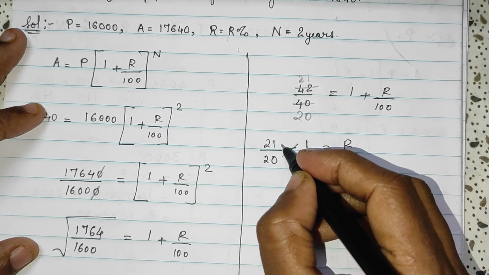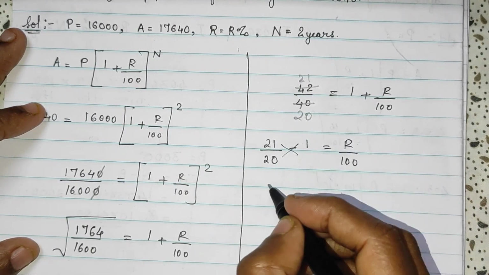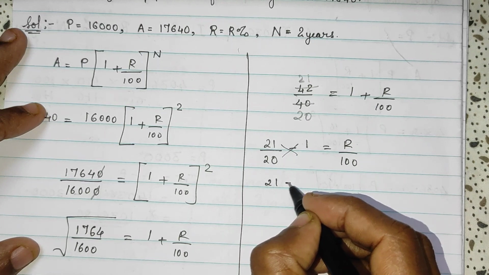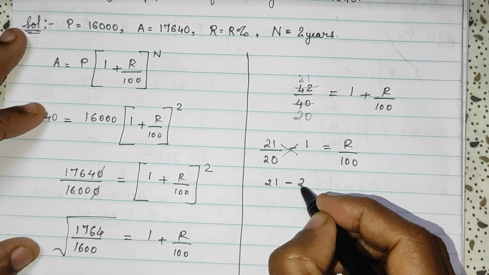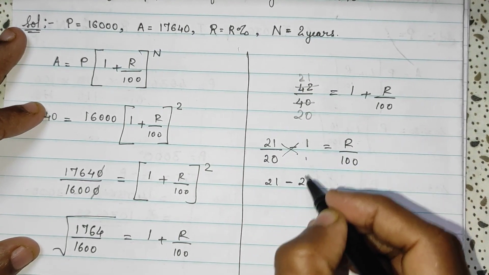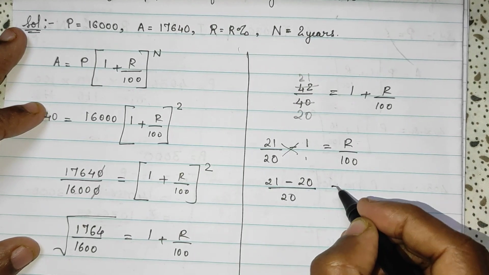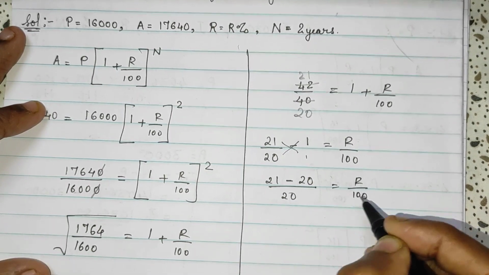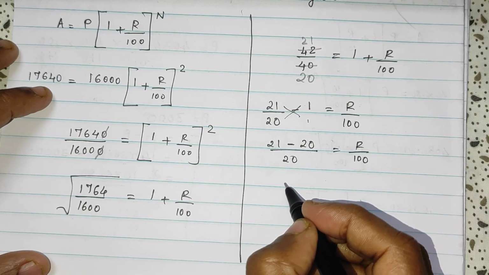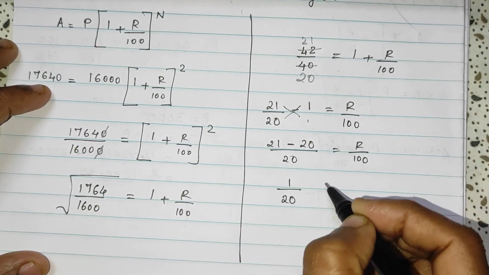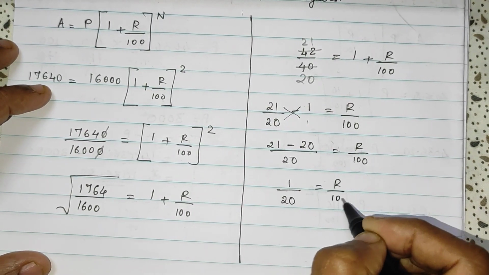Then after rationalizing like this, 21 minus 20 into 1, 20, and here 20 into 1, 20. So r upon 100. So here 21 minus 20 is 1 upon 20, equals r upon 100.